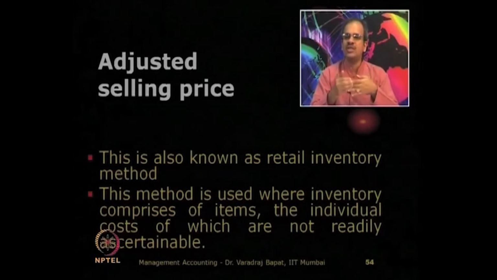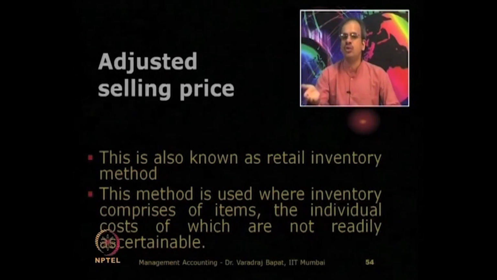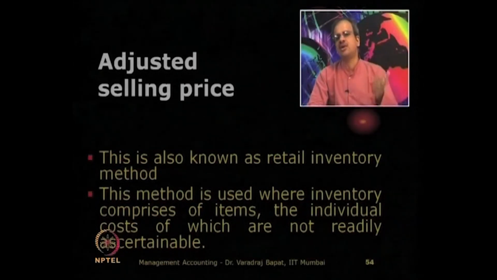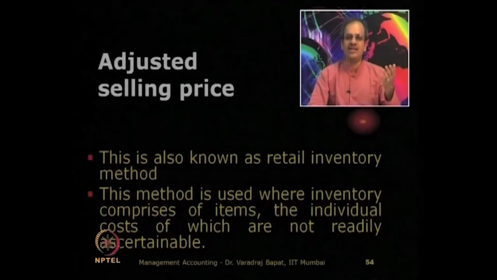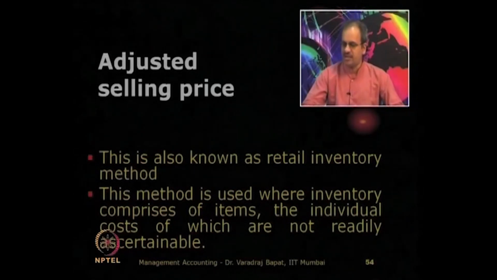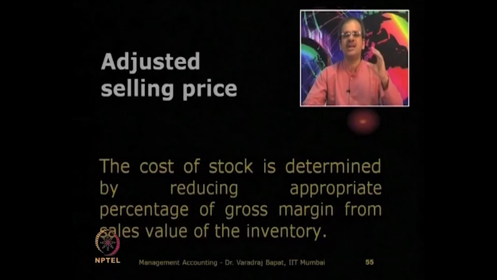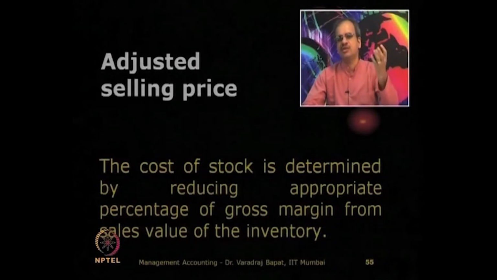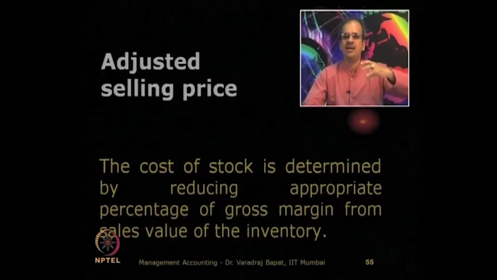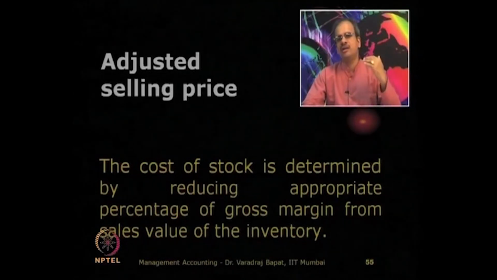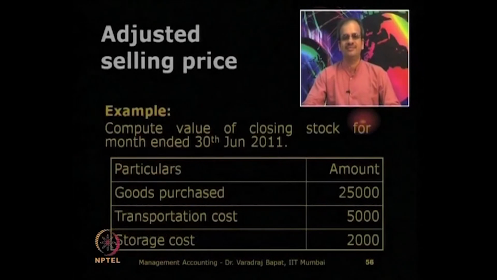It may be easy to know the selling price, it may not be so easy to know the cost. So, in such cases what is done is, based on the selling prices the cost is calculated. That is why it is known as adjusted selling price method. You know the market price, you reduce the profit, which will give you the cost.